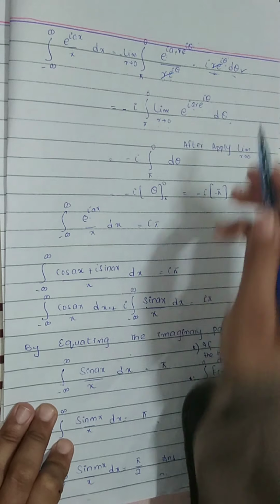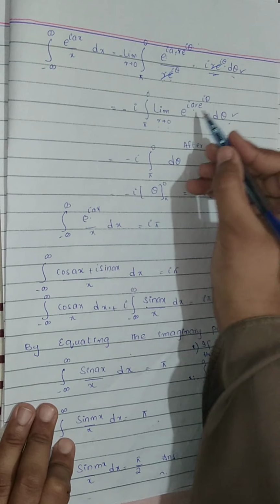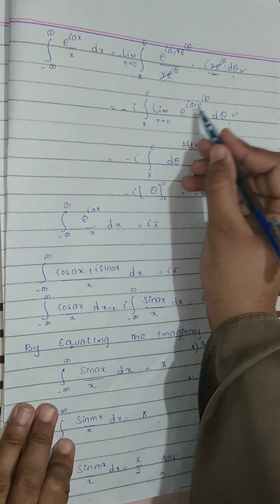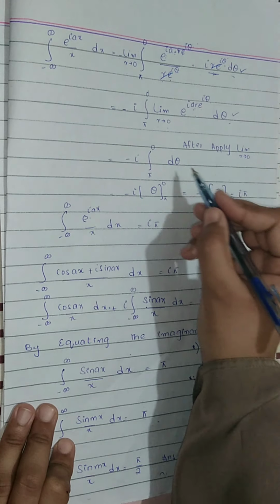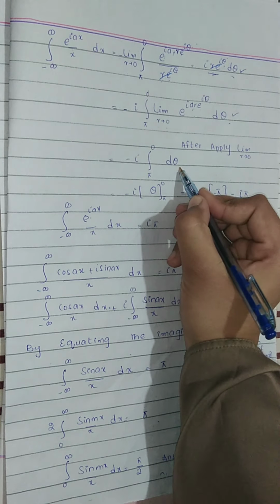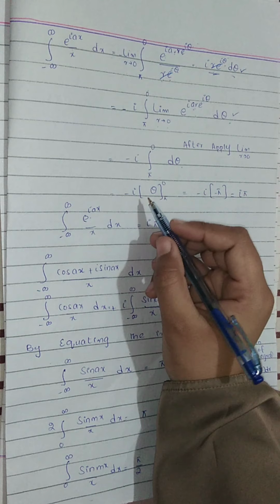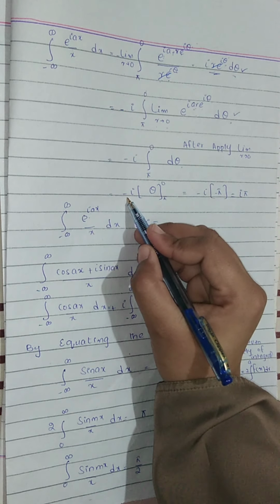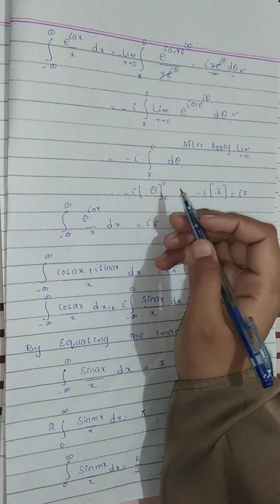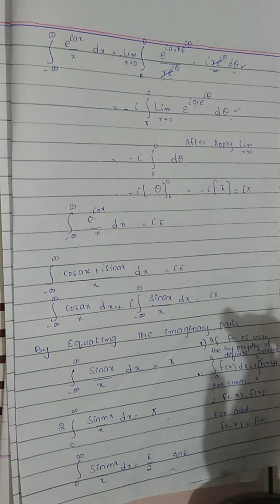Now we place the limit under the integral, the limit as r approaches 0 of e^(iar e^(iθ)) dθ. After applying the limit r approaches 0, e^0 is equal to 1. So we have just dθ.